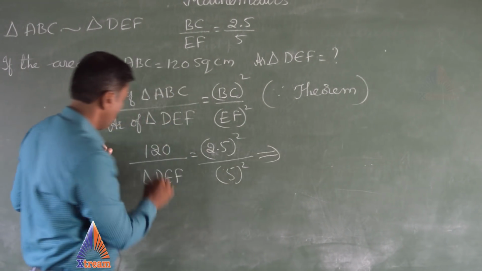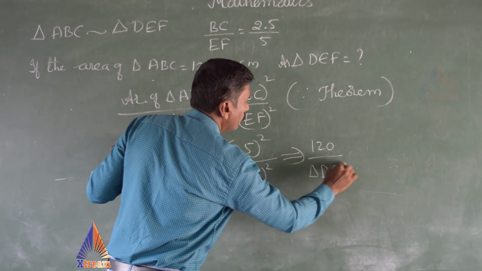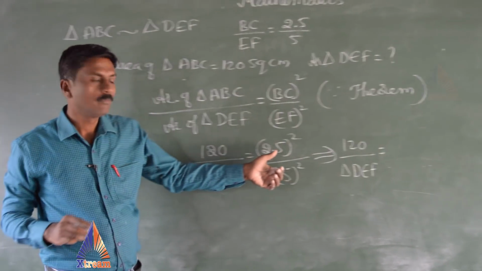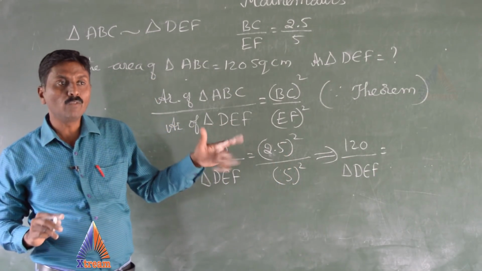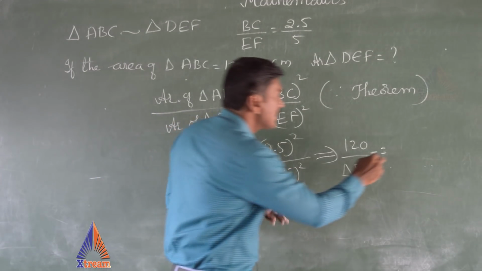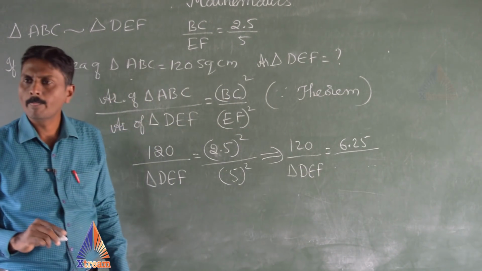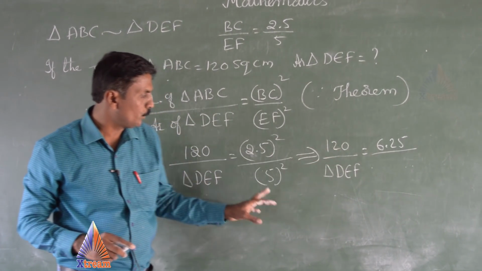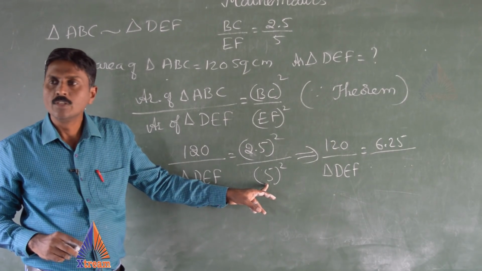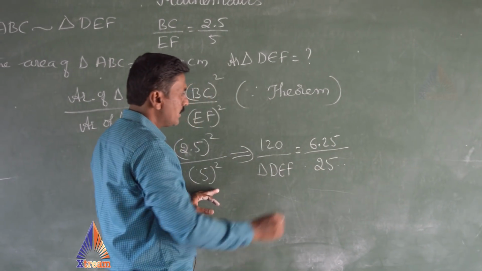Now 120 by area of DEF is equal to 2.5 square of 2.5. 2.5 into 2.5 is 6.25, 25 is 625, is it not? So 2.5 into 2.5 is 6.25 by square of 5 is 25.